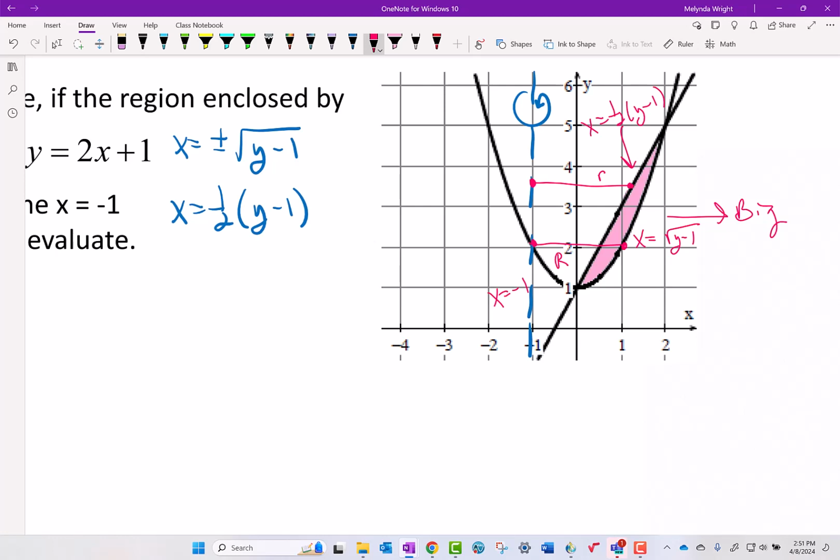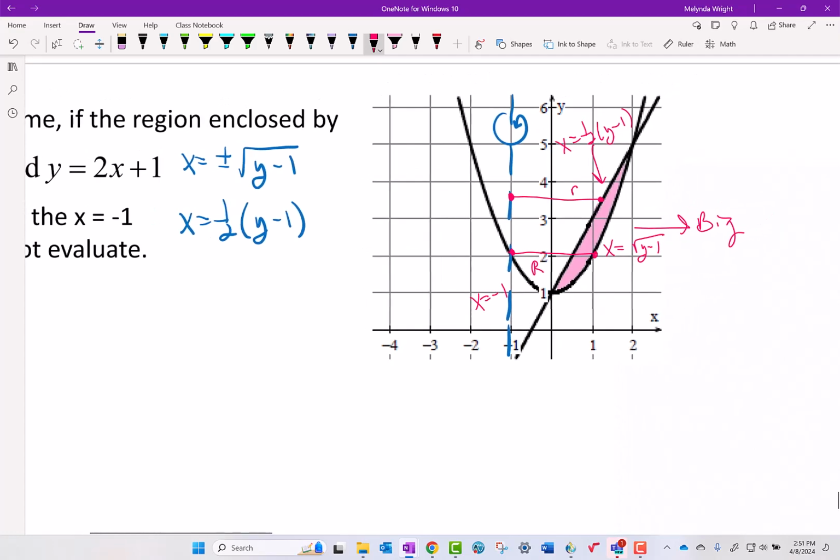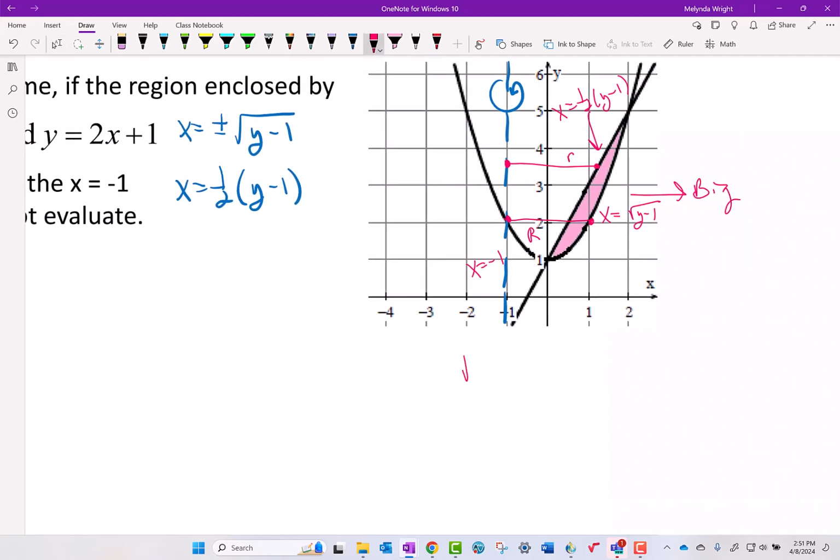Okay, we ready for our big R and little r? All right, so big R equals, we've got this biggest one, the farthest right is the square root of y minus 1, minus the farthest left, which is negative 1.